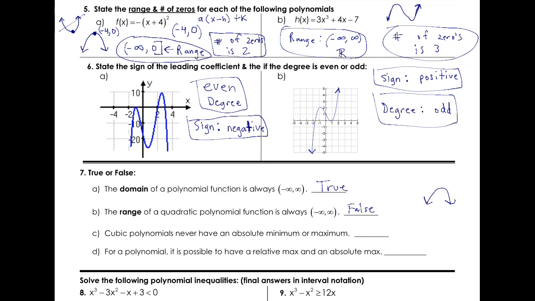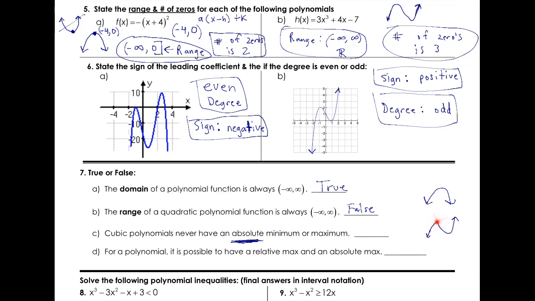C, cubic polynomials never have an absolute minimum or maximum. And let's see, a cubic function by default would be left side down, right side up. And so if you look at it, we're talking about absolute here. Absolute means it's going to be the very lowest or highest points.